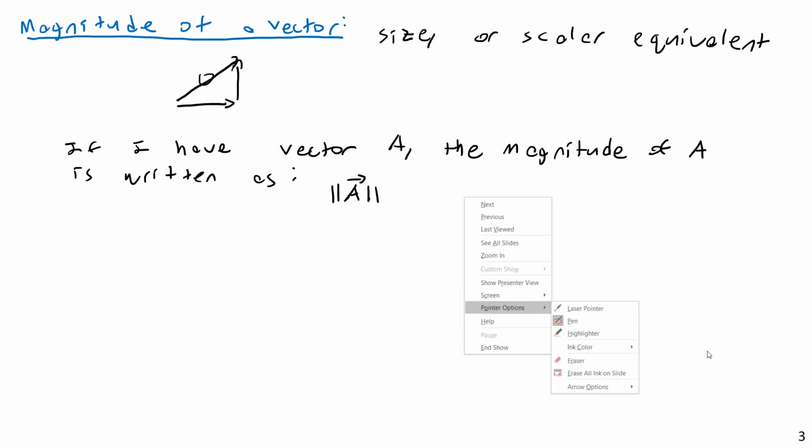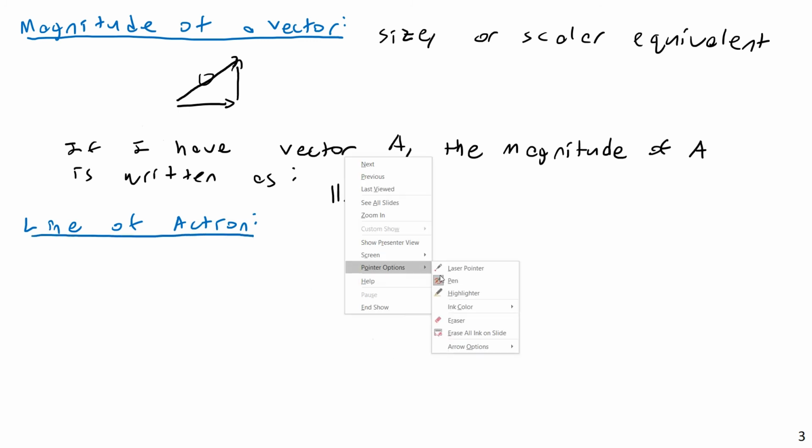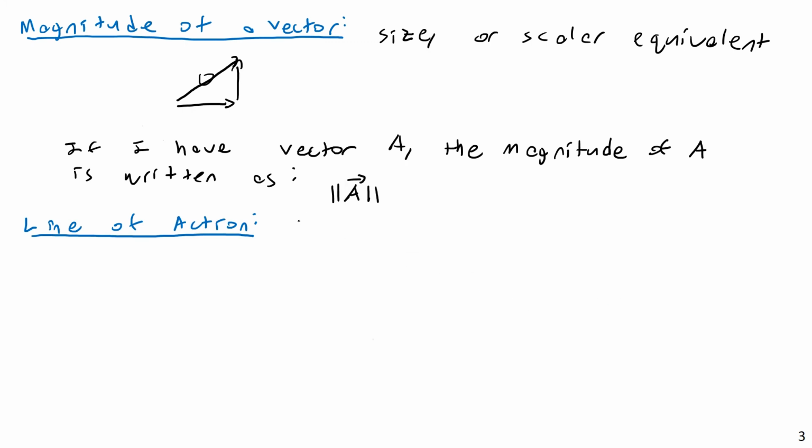Next, I want to describe a vector's line of action. We use this term a lot, especially when we get into force balances and things like that, so it would be useful to actually define this. Line of action. Well, it's kind of in the name, but the line of action is the imaginary line along which a vector acts.